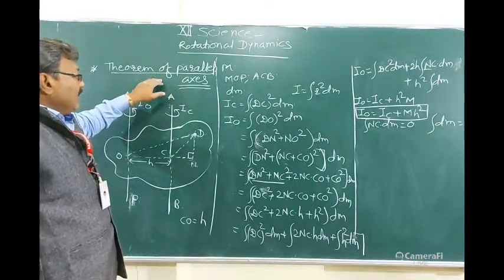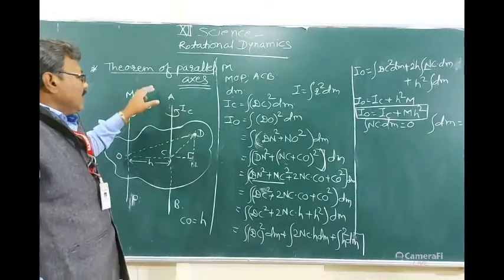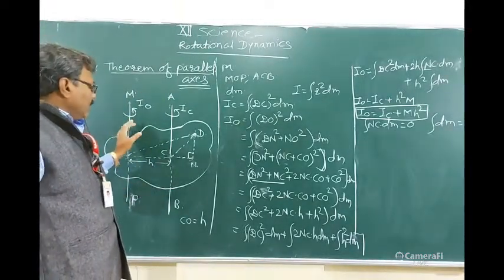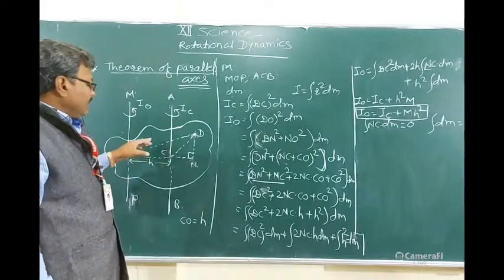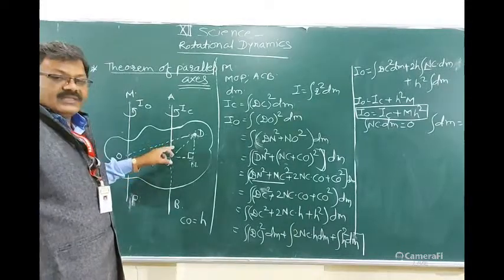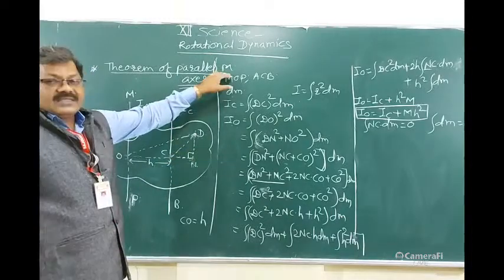Now, in order to apply the theorem of parallel axis, we need two axes parallel to each other. From that, one is passing through the center of mass. Now this figure shows the object of mass m.